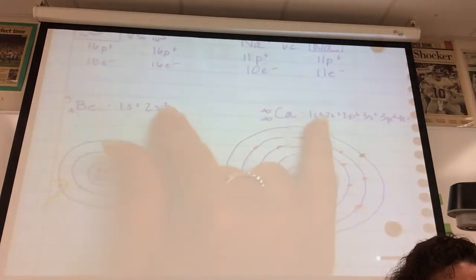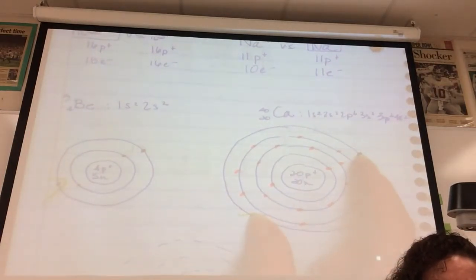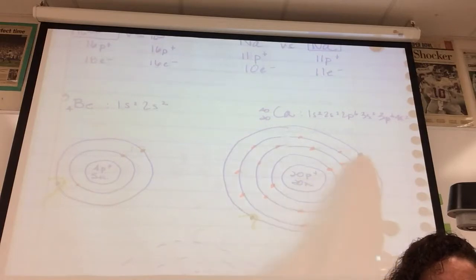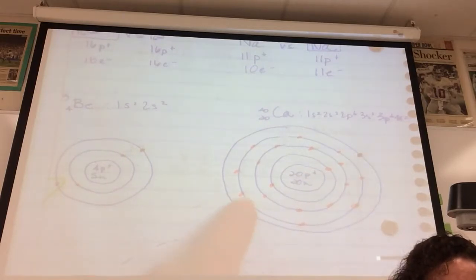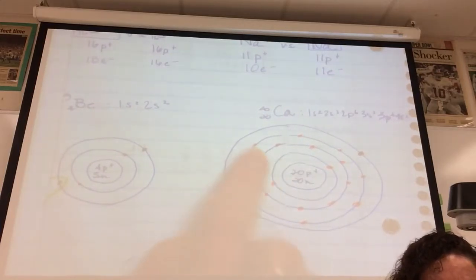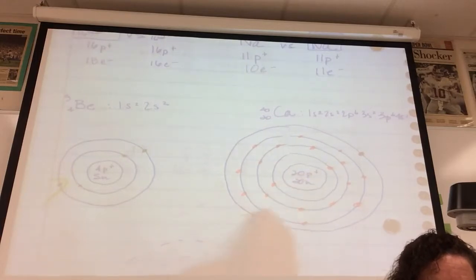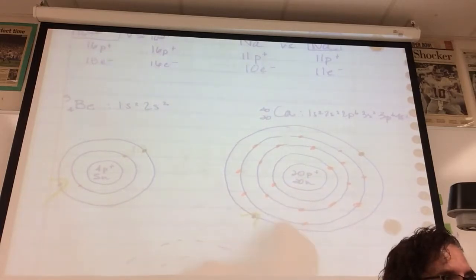They both have 2 valence electrons. This is in the second shell, this is in the fourth shell. So as the valence electrons get farther from the nucleus, they experience more electron shielding because there are more core electrons in lower principal energy levels. So this takes less energy to strip away because it's farther from the nucleus with more electron shielding. The radius is larger.